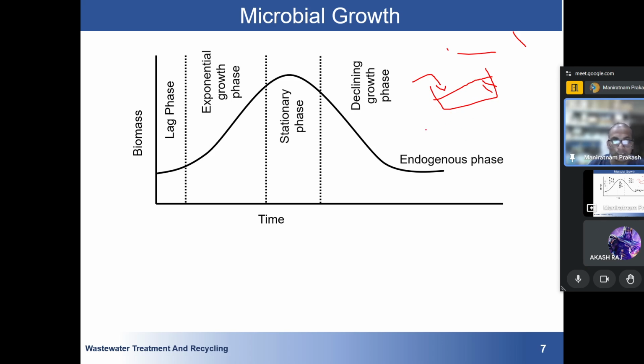As a huge amount of food is available, they will start to grow, their reproduction will increase, the population will increase, and that is known as the exponential growth phase.